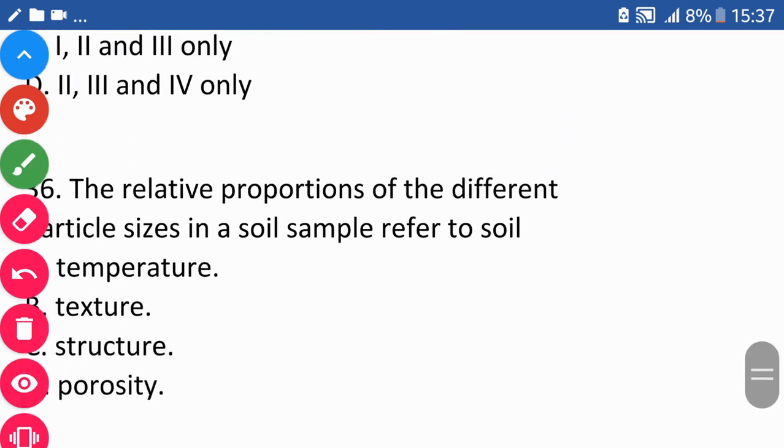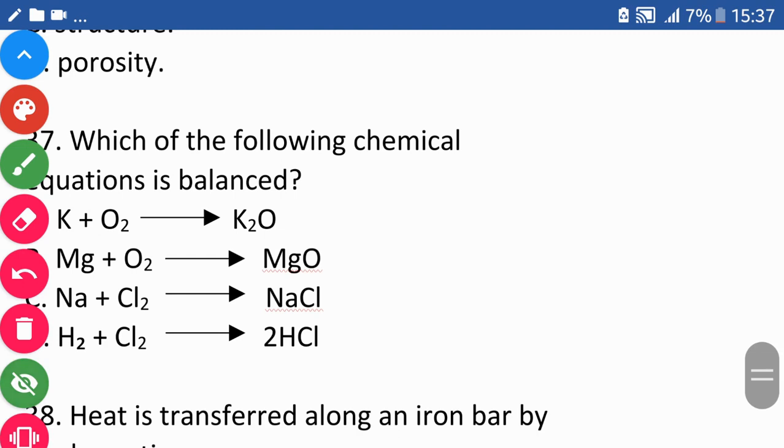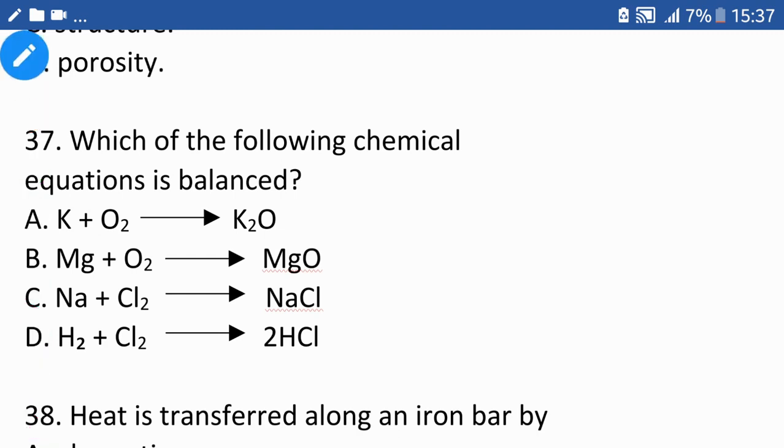The relative proportions of the solid particle sizes in a soil sample refers to soil structure. The soil structure, so C. Which of the following chemical equations is balanced?